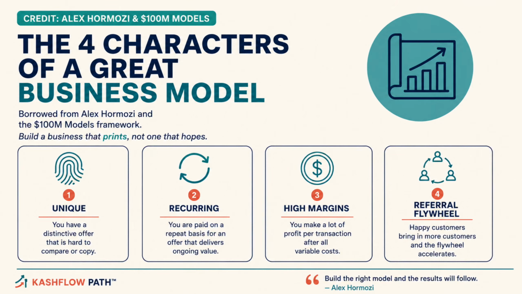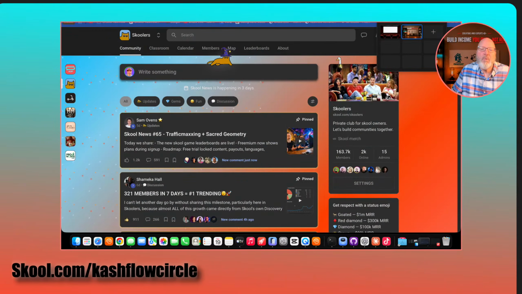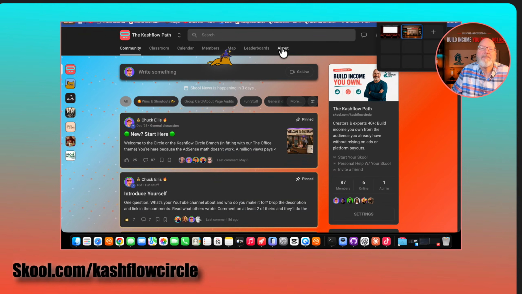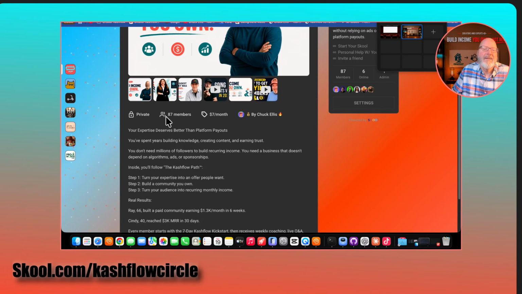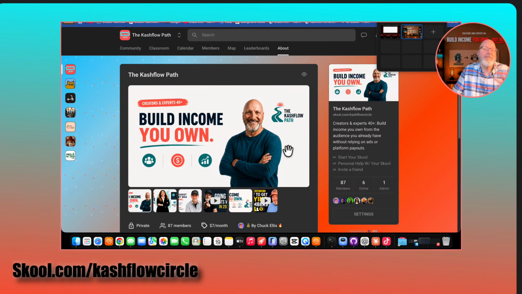Number two is it's a recurring income model. And the reason it's recurring is because when you look at a community like mine, you can go in here and you can see it's $7 a month. Now, I've got some upgrades inside of there if you want more help from me, but it's $7 a month to get this information.